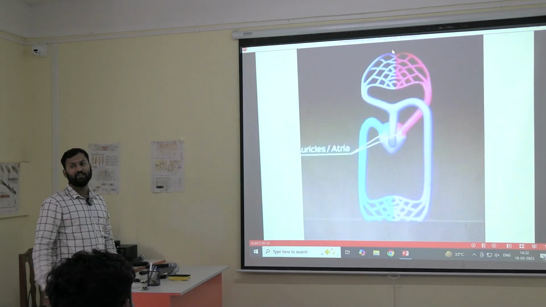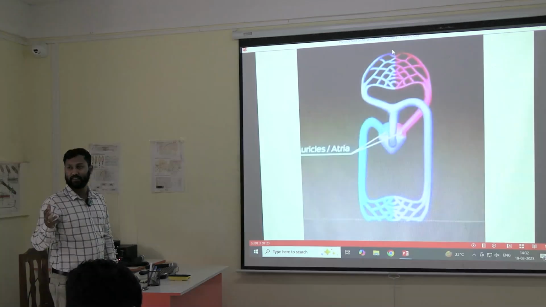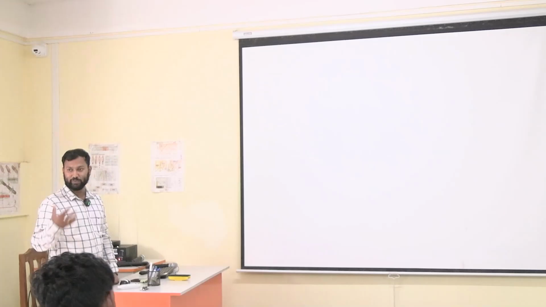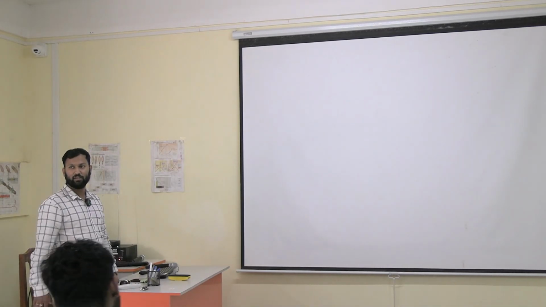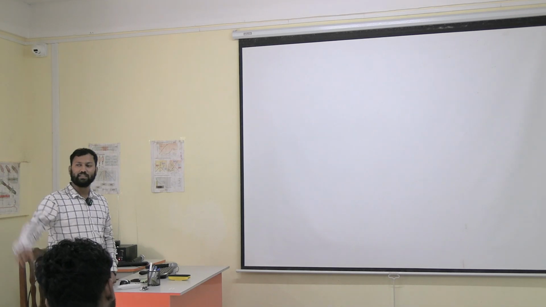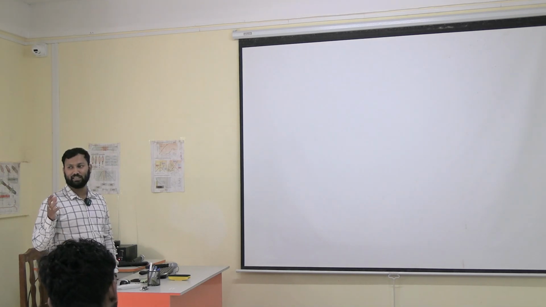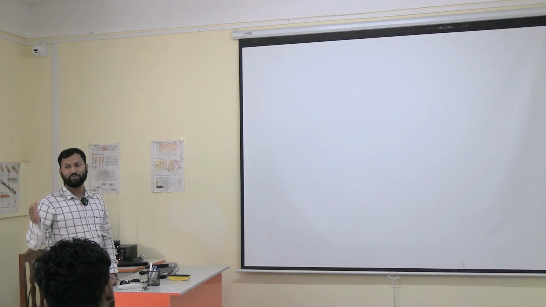So, can anyone tell me what is the basic difference between frog heart and the heart of humans? What is the difference? Okay, someone of you stand up and tell what is the main difference. Means chambers, there are 3 chambers, na? But what is the basic difference between the chambers? Means what type of chambers are there?